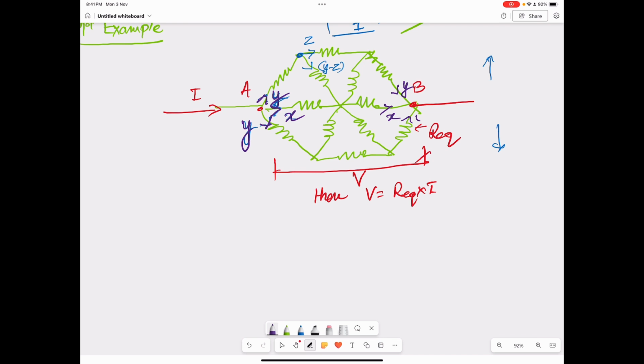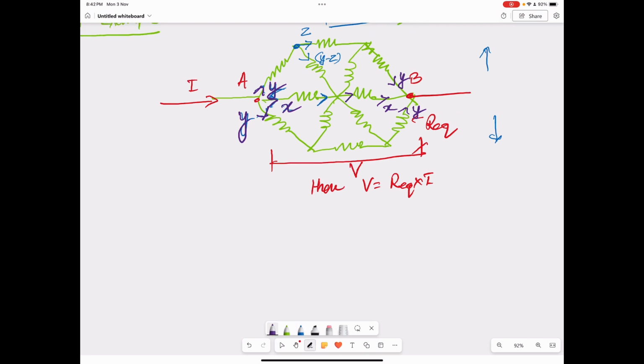We will make use of the symmetry and thus Y, X and Y. So from this you can understand that X current is going here and X current only is going into this. So whatever current is coming in this direction, it will go like this. In this case, Y minus Z current will flow through it, and Y minus Z plus Z will again make it a Y current, which I have written.